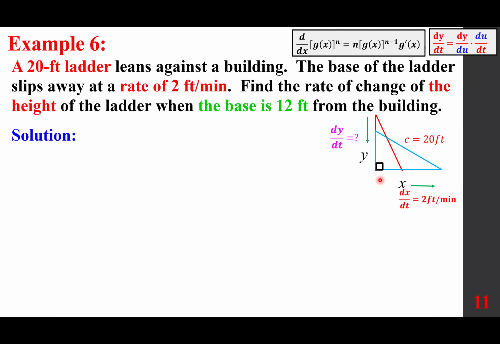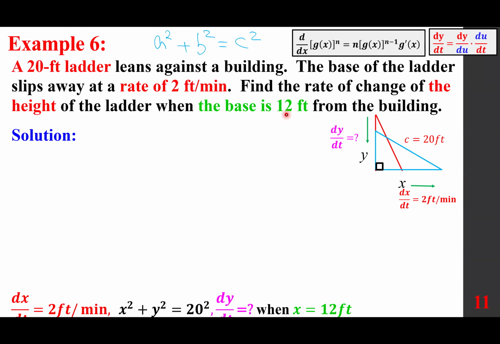This is a right triangle, and therefore we should know a squared plus b squared equals c squared. It's the Pythagorean theorem. So x squared plus y squared is 20 squared. We want dy/dt when the base x is 12 feet.